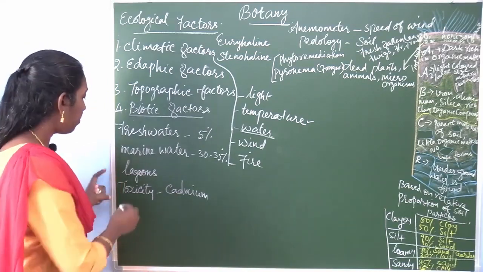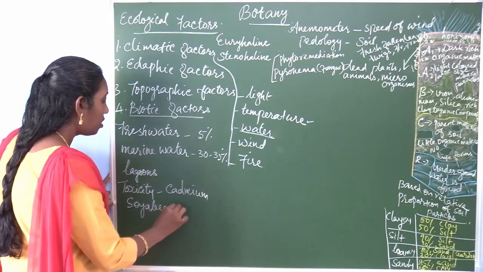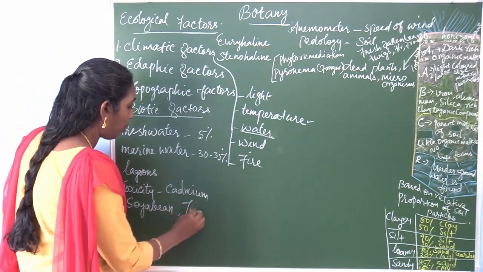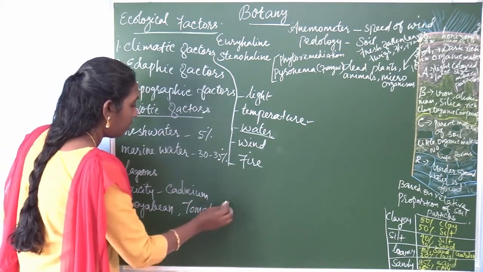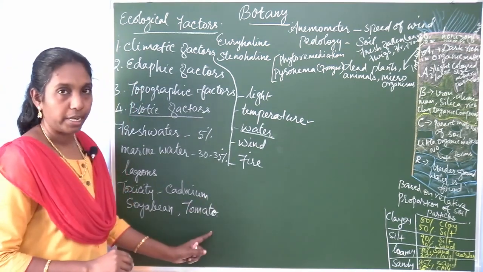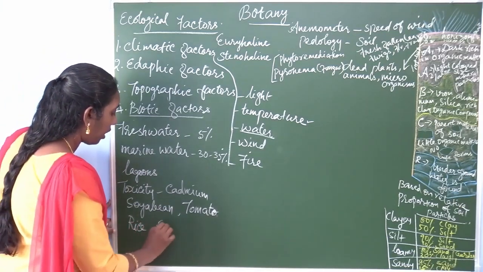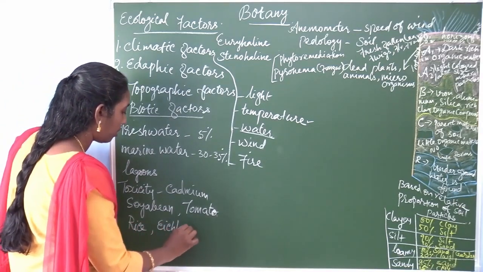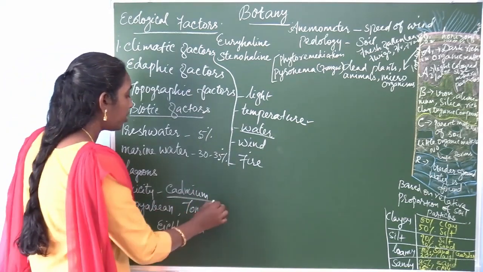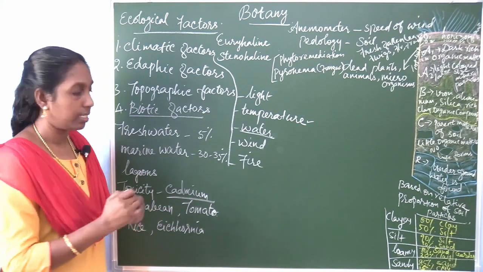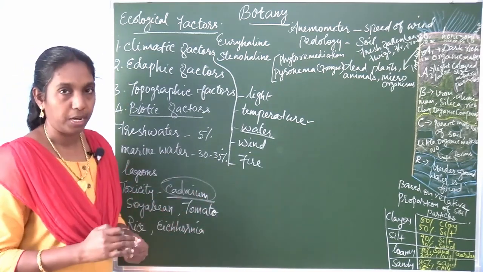There are few examples like soybean and tomato. Soybean and tomato is one example, and rice and Iconia is another example. So these are cadmium tolerant plants.